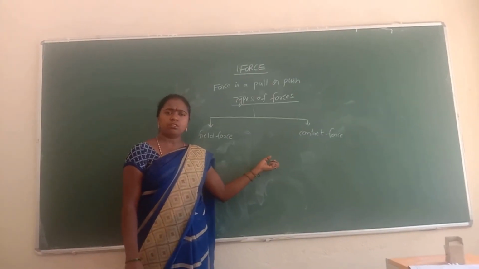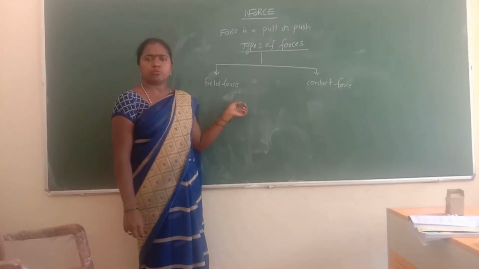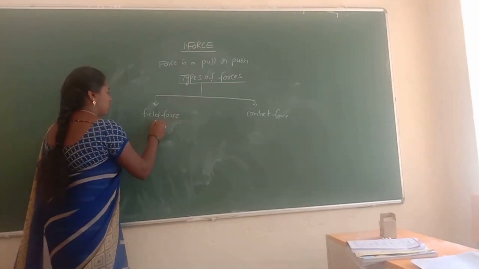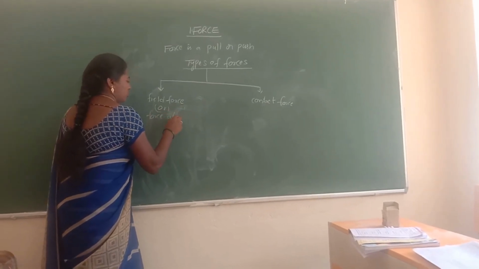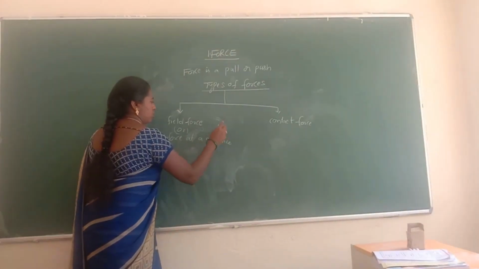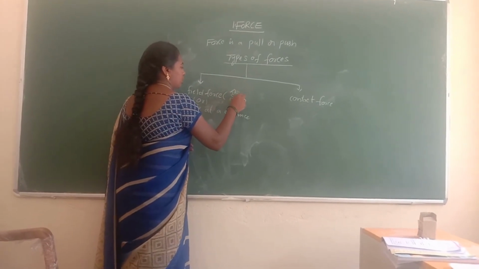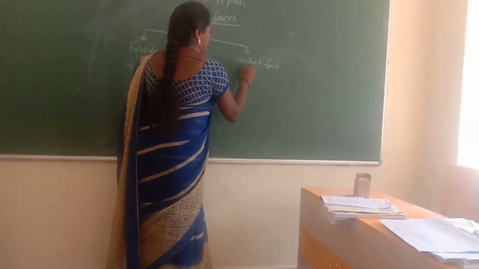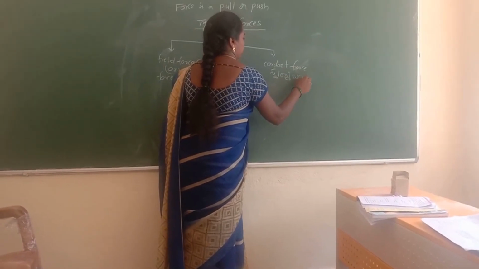The compass is deflected. What force is acting on the magnetic compass? The field force, or force at a distance. This is Kshetra Balam. And this one is Sparsha Balam.